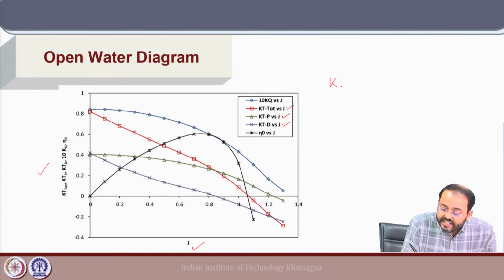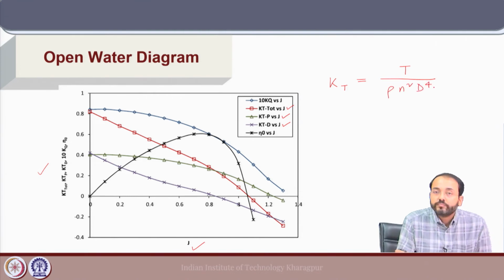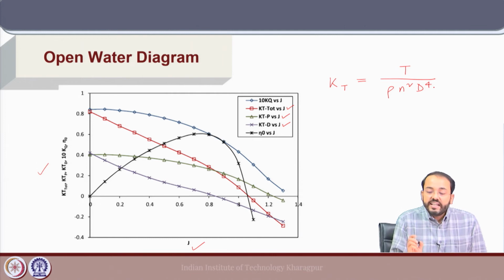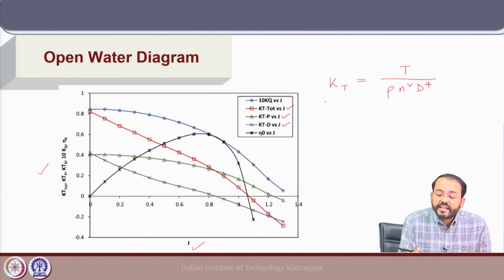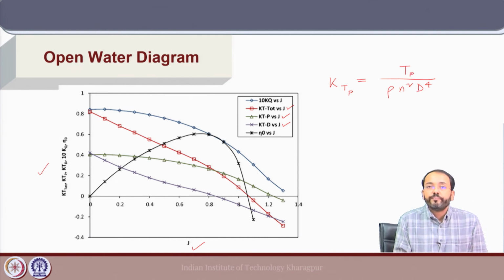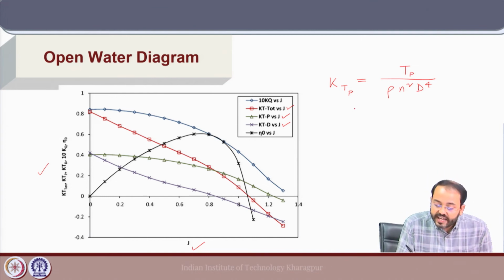KT as before is defined by this expression, and if we write it as KTP, then it will be TP. If we write it as KTD, it will be thrust from the duct.